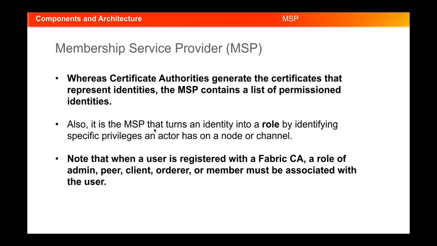Also, it is the MSP that turns an identity into a role by identifying the specific privileges an actor has on a node or channel. Note that when a user is registered with the Fabric CA, a role of either admin, peer, client, orderer, or member must be associated with the user.